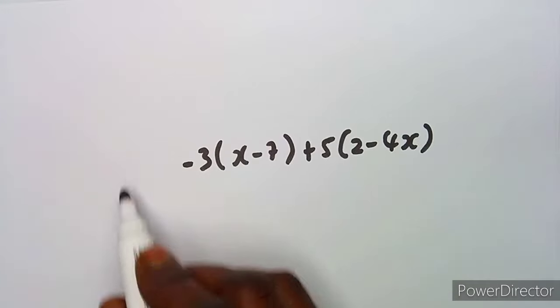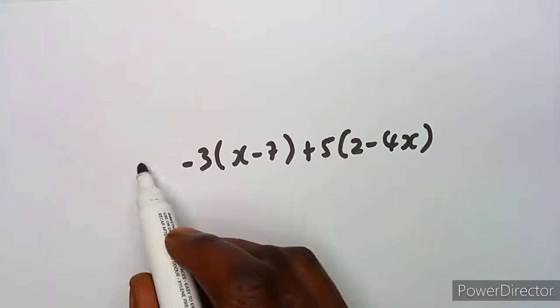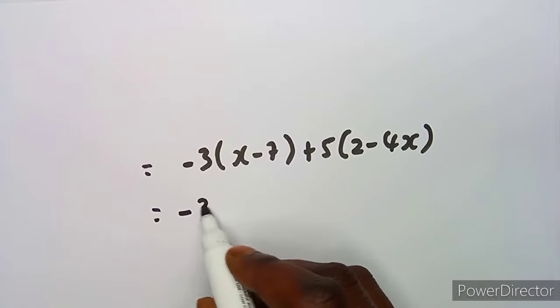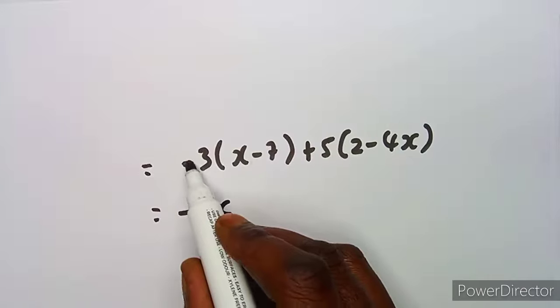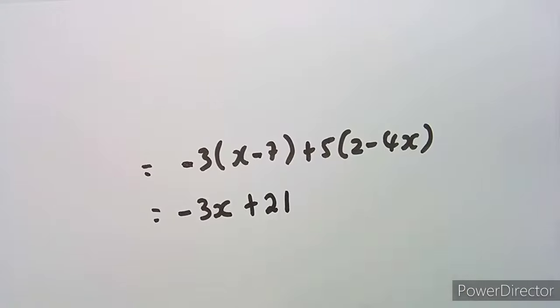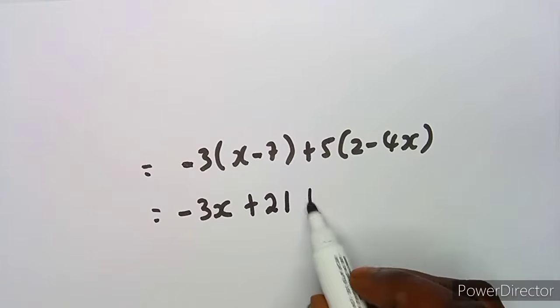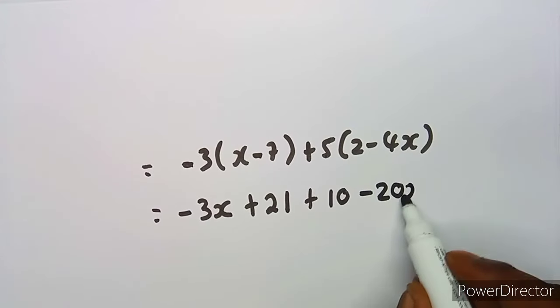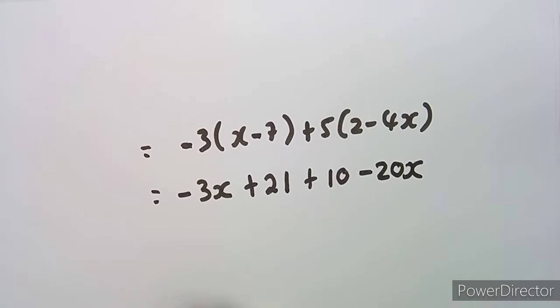So the question is expand and simplify. Let's expand. We have to multiply by negative 3 here. Negative 3 times x is negative 3x. Negative 3 times negative 7, that's negative negative, which is plus 21. 5 times 2 is 10. 5 times minus 4 is minus 20x. So collect like terms, guys.